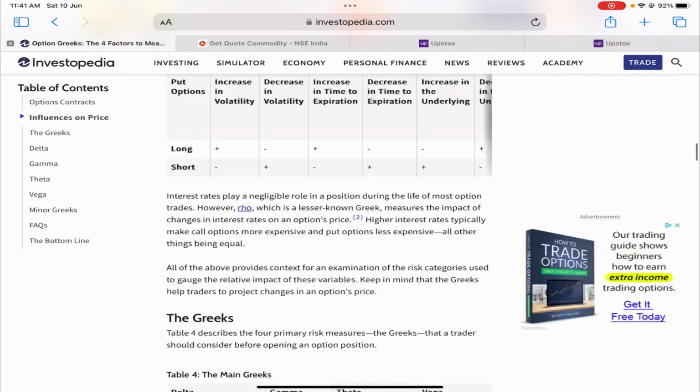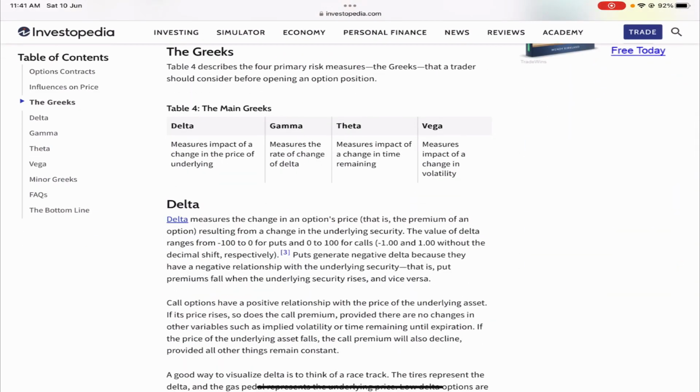Now what is theta? Theta is the time value. We have been discussing that as the time to expiration gets closer, the option contracts lose their time value. So theta basically measures the impact of change in time. What is vega? Vega is related to implied volatility.